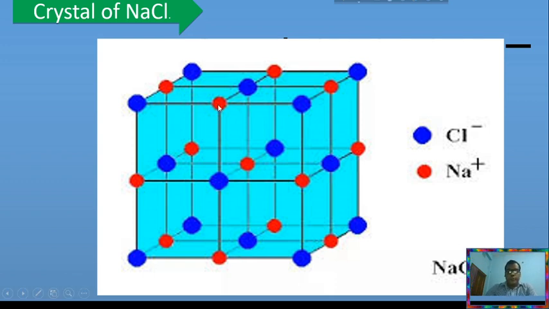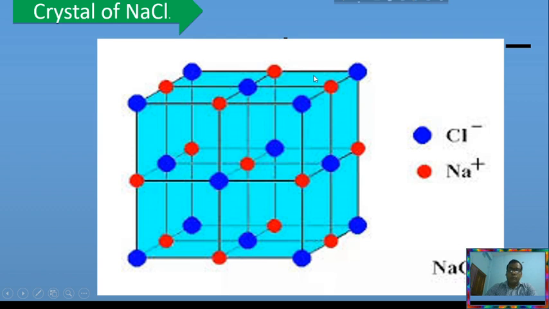The red ball indicated here is the sodium plus ion, and the blue balls are the chloride ions. If you consider this one as sodium, here is 1 chlorine, 2 chlorine, 3 chlorine, and similarly there are another 3 chlorine in another part.